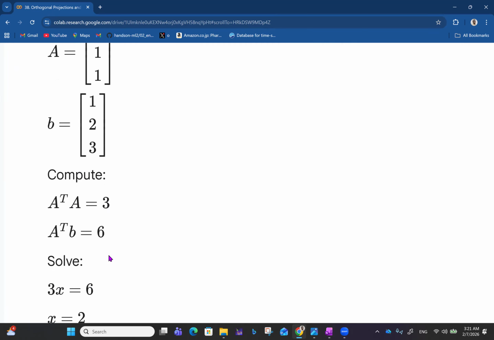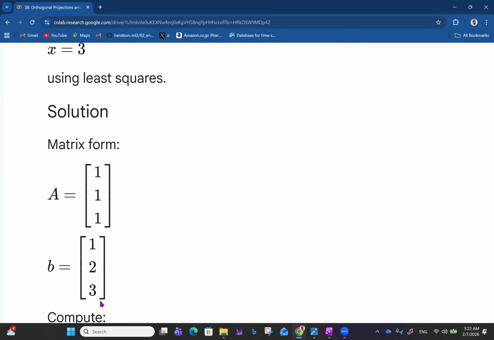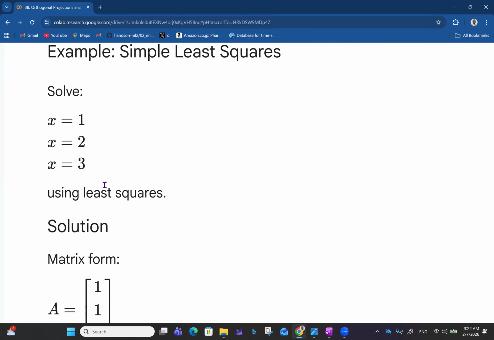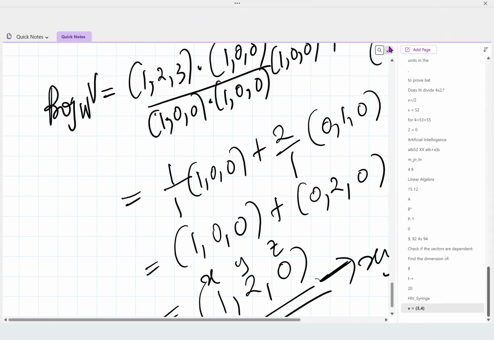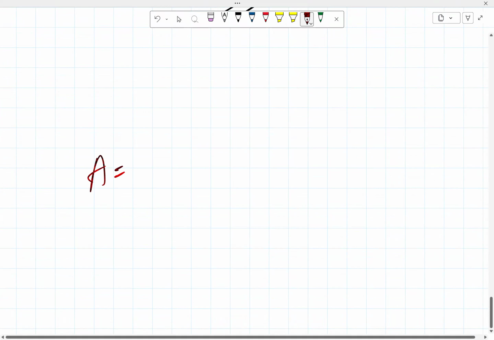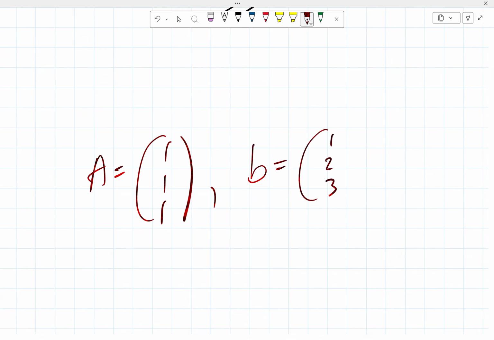Then we compute A transpose A, and that gives 3. A transpose B gives 6. And then we solve 3x equals 6, right? So we want to solve x is 1, 2, 3 like this. Again, A is 1, 1, 1, and B is 1, 2, 3.